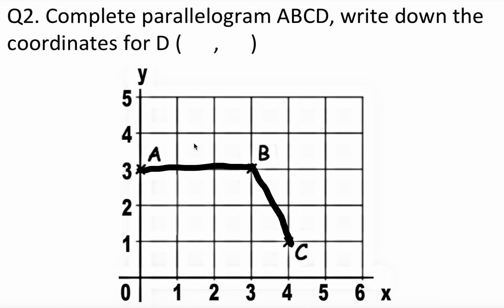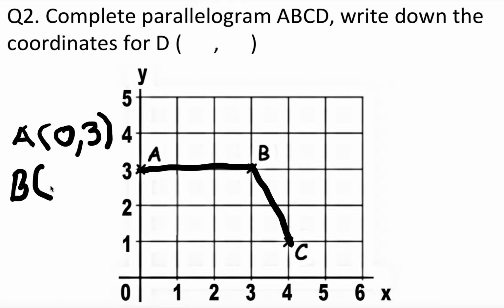So the coordinates of, we've already got the coordinates of A. I'll write the coordinates down here of A. Might help. So A, we've got naught at the bottom and 3. B is 3 along the bottom and 3 along the side.